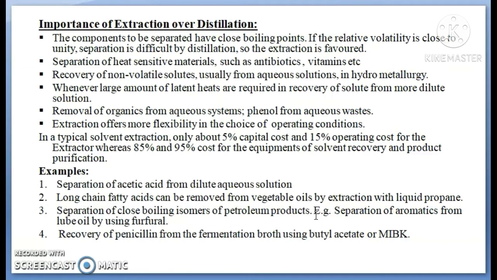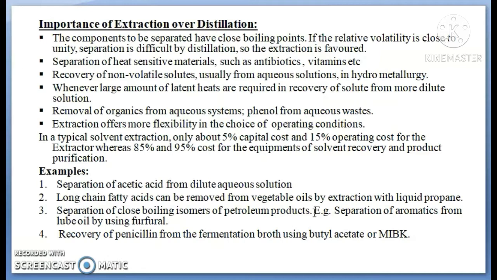So here we have some importance of extraction over distillation for particular operations. Here we will be studying why extraction is important over distillation. In some cases, whenever the components to be separated have close boiling points and their relative volatility is close to unity, separation becomes difficult by distillation. So extraction is favored.